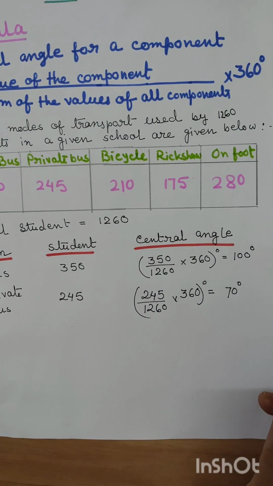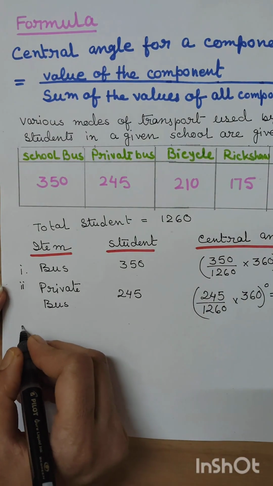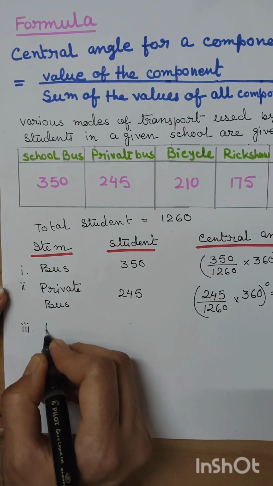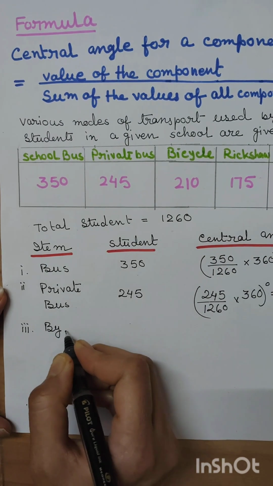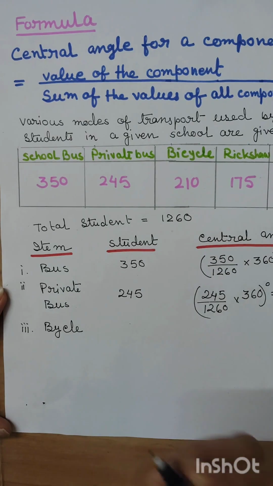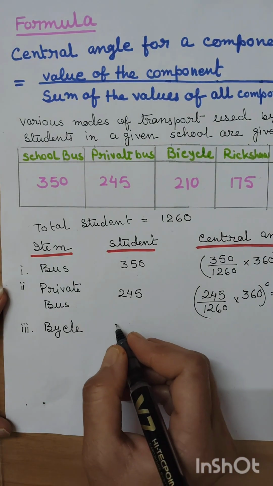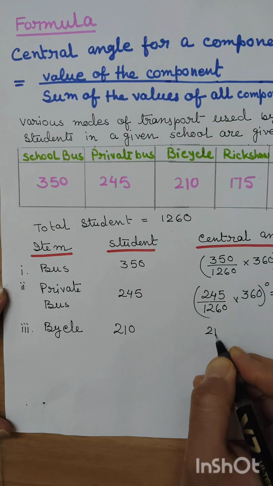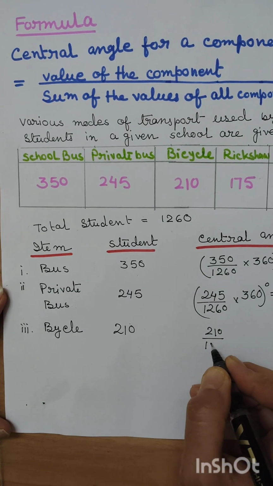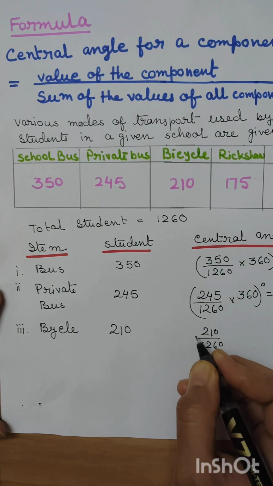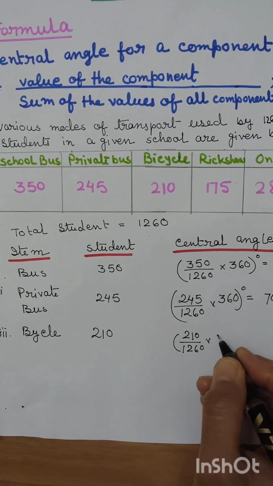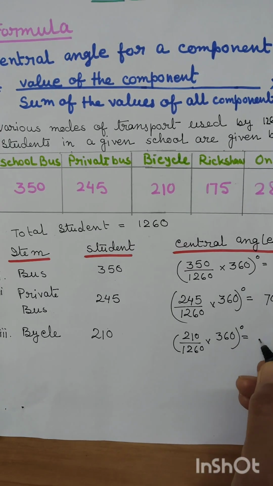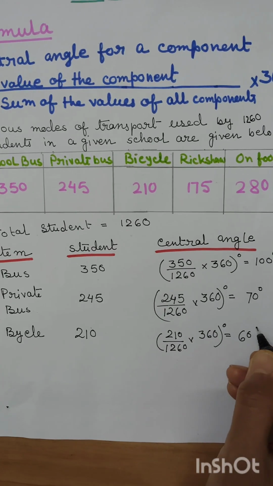Next one, bicycle. Bicycle students are 210. It is also converted into angle: 210 by 1260 into 360. It is 60 degrees.